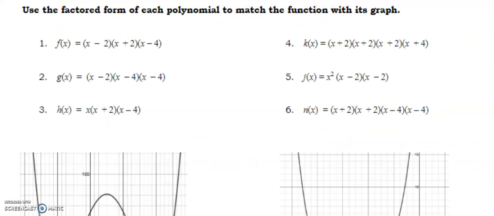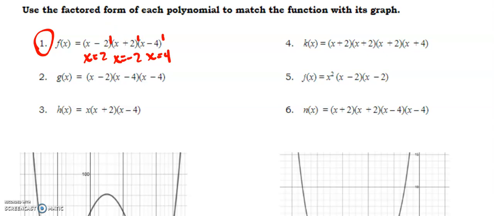All right, so use the factored form of each polynomial to match the function with its graph. So graph number 1 has x minus 2, so x equals 2 is a root, x plus 2 means x equals negative 2 is a root, and x minus 4 means x equals 4 is a root. All of these have first degree multiplicities, okay?